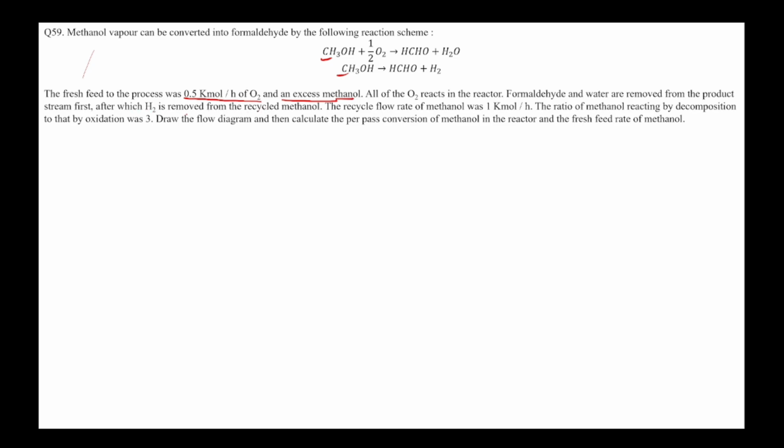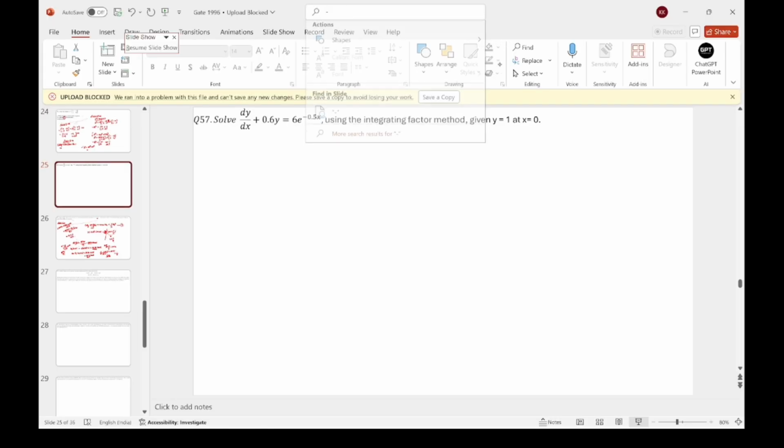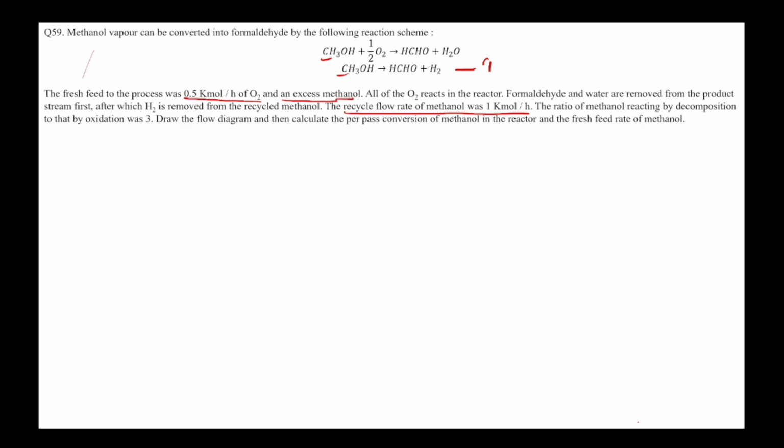Okay, formaldehyde and water are removed from the product stream first, after which H2 is removed from the recycled methanol. Okay, so there is only methanol left in the recycle. The recycle flow rate of the methanol is 1 kilomole per hour, and it is given. The ratio of methanol reacting by decomposition to that by oxidation is 3.